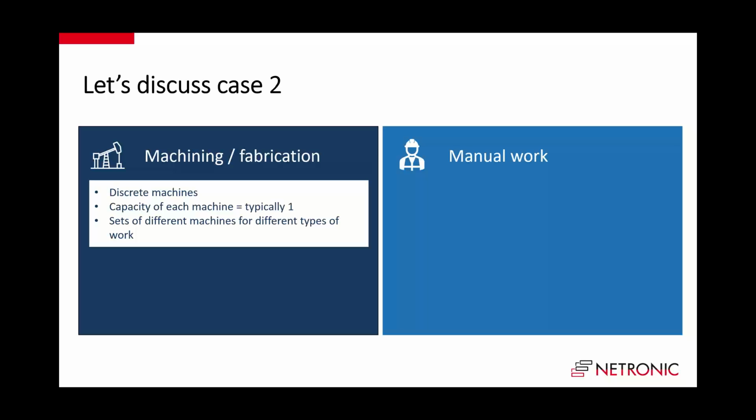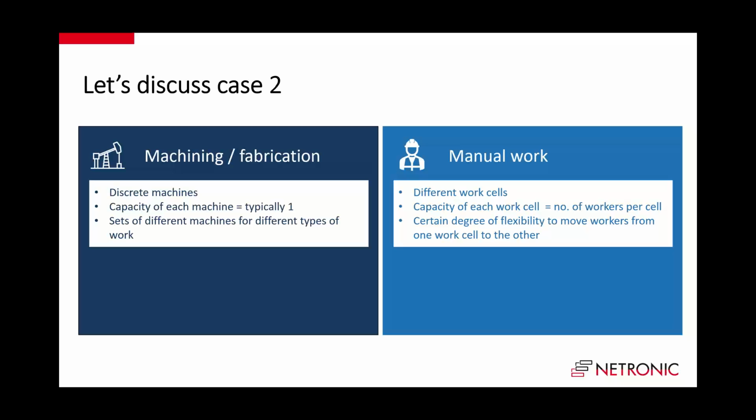Whereas the manual work case is a little bit different. Typically the production flow is not organized by machines or sets of machines where every machine produces one piece at a time.